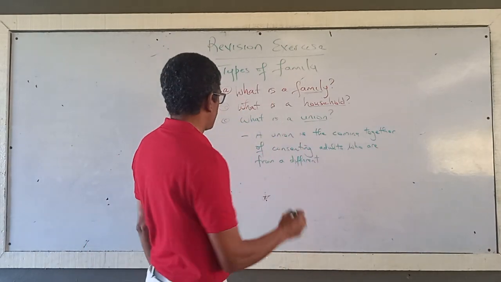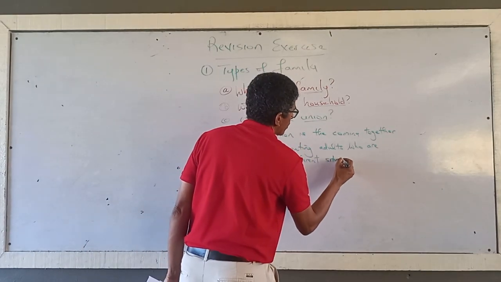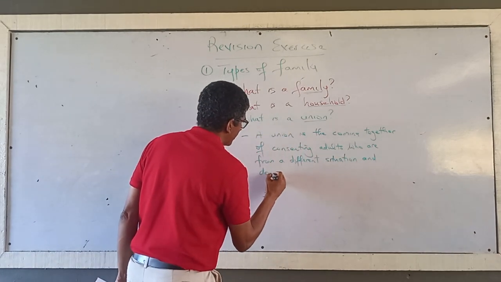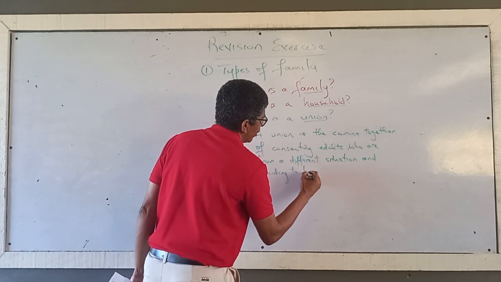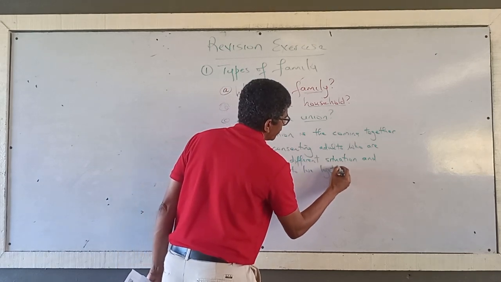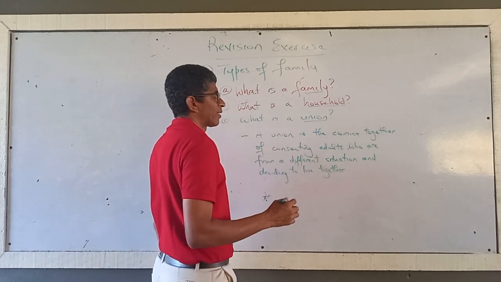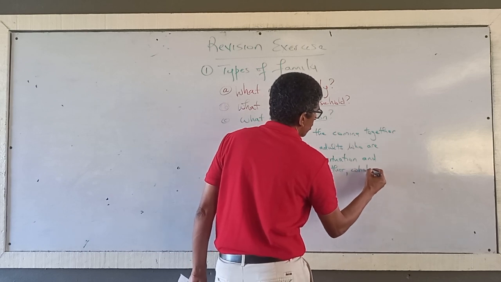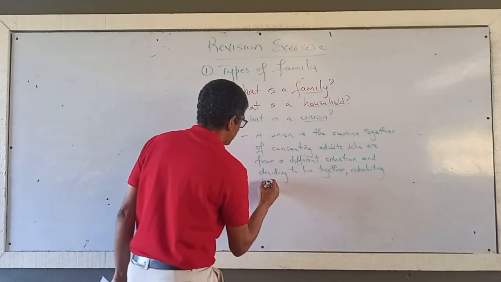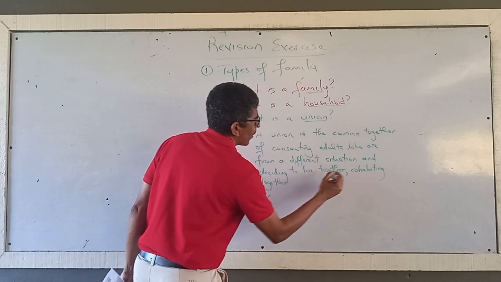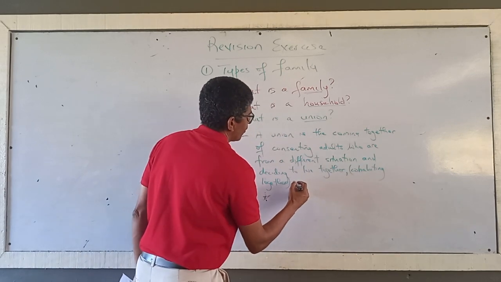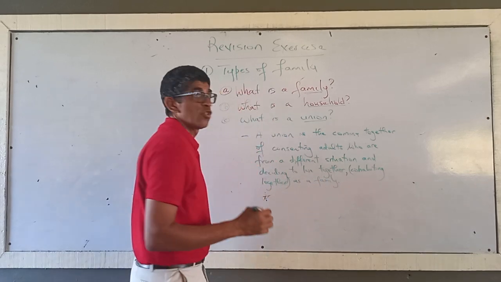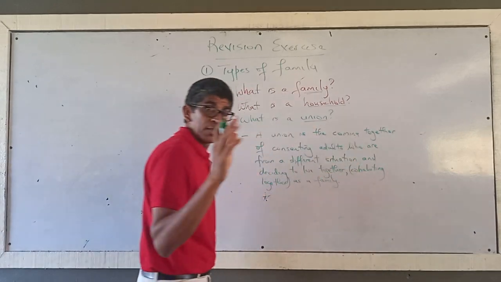From different situations and deciding to live together, cohabiting together as a family. That's a union. So an example, we will look at in the types of family.